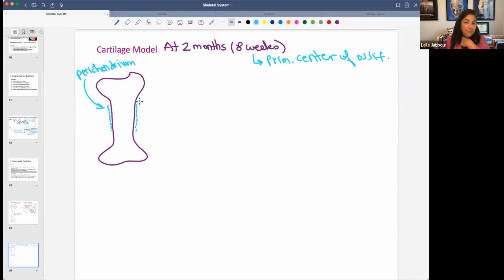So perichondrium is doing this at the primary center of ossification, which is right here. So I'm going to put a 1 here. And of course, what we have here are all of the lacunae as we saw in the previous slide. I'm going to draw them a little bit smaller here. These are normal cartilage cells with extracellular matrix. This is all normal in the center of that diaphysis.